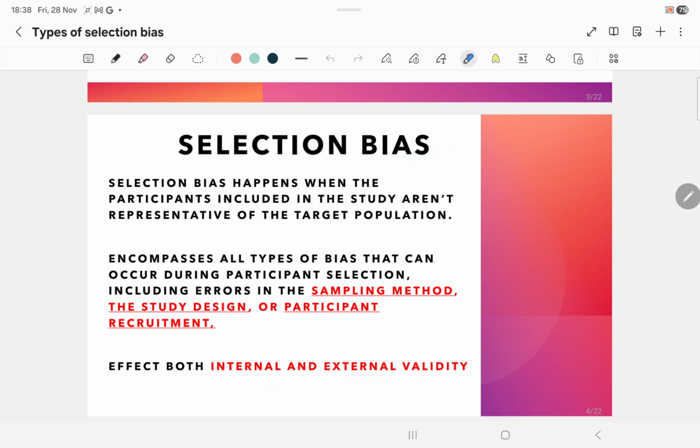What is the external validity of the study? How successfully you can apply the results of your study to the population. So external validity means how successfully you can apply your results of the study to the general population. Selection bias affects both internal as well as external validity.